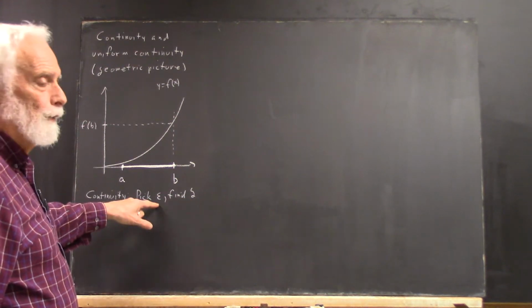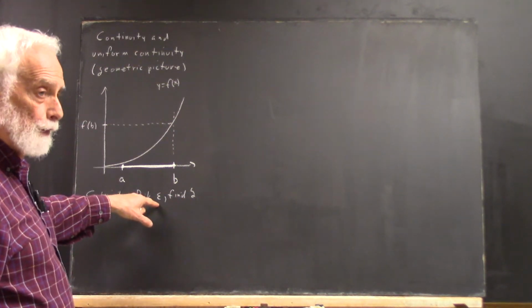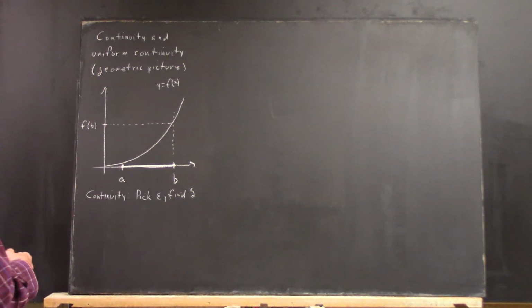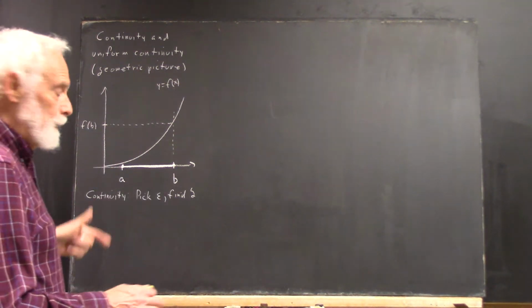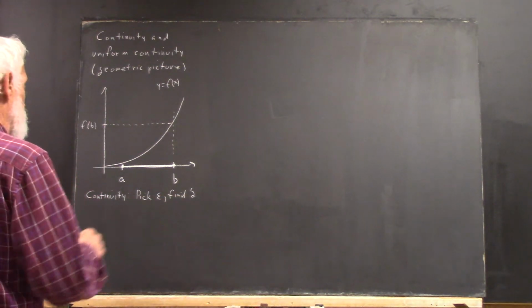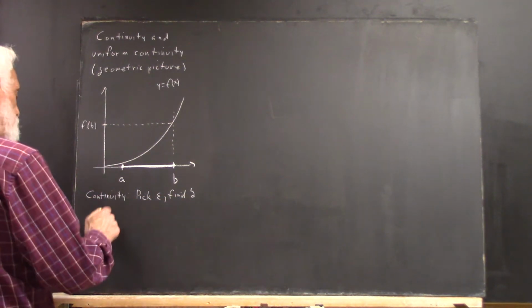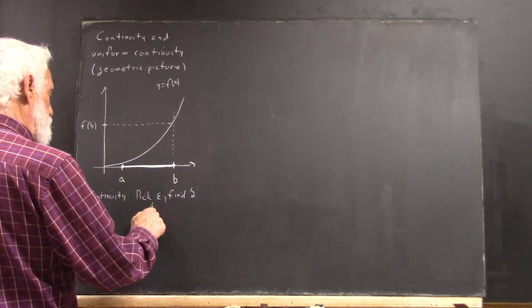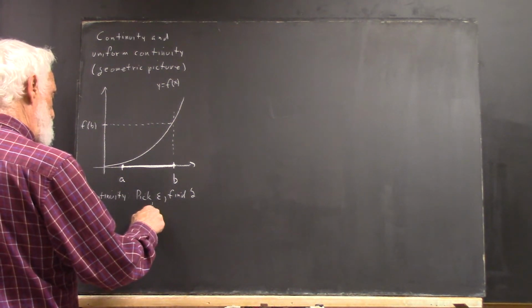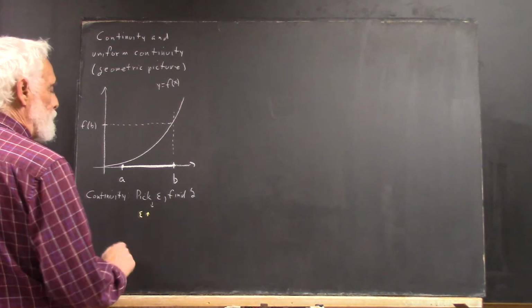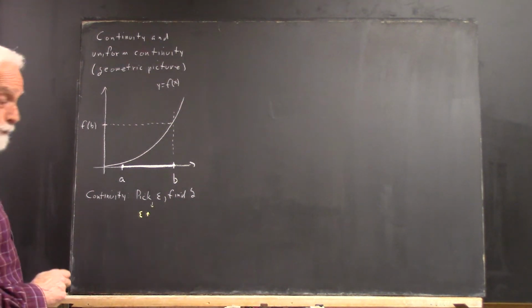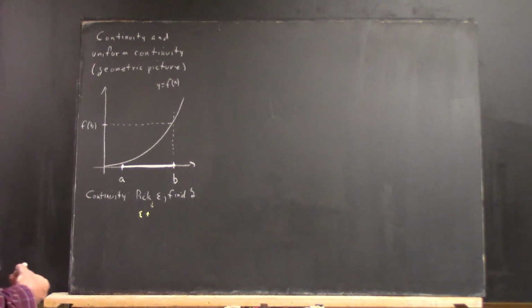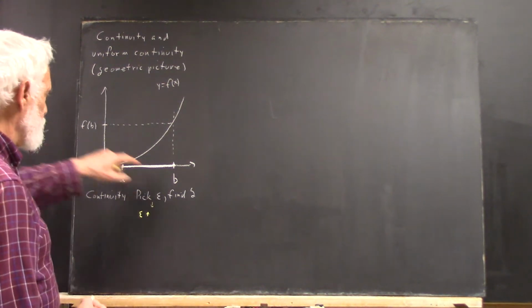How close the value of the function is going to be to its value at a point when you restrict delta. Now, I'm not going to write out all the words. You can reconcile this with the definition of continuity. So here I'm going to do this. Okay, pick epsilon. Okay, well, here we go. Here's my epsilon, indicated by this little arrow. Okay, and we're going to see what it means for this thing to be continuous at b.